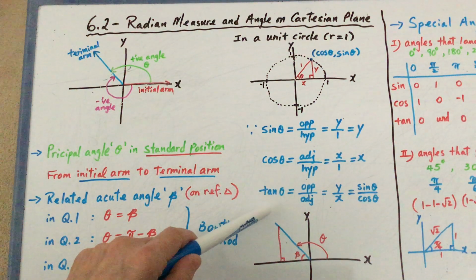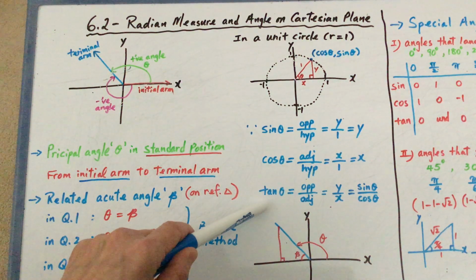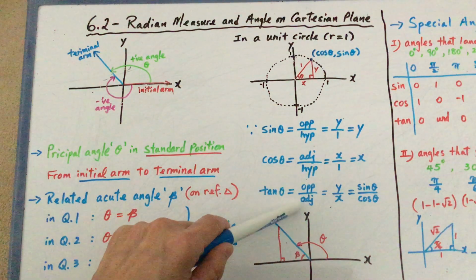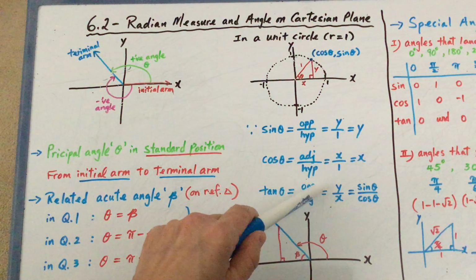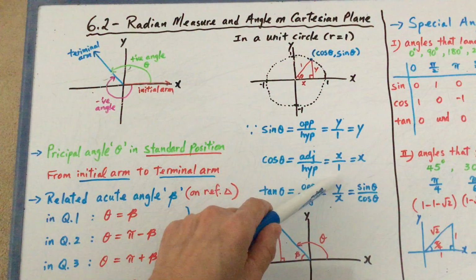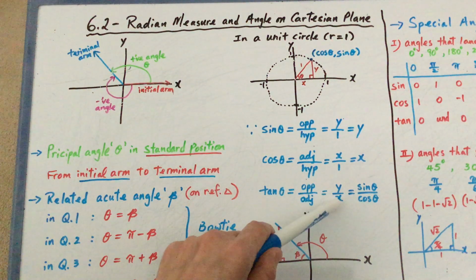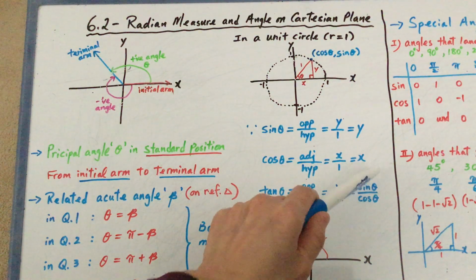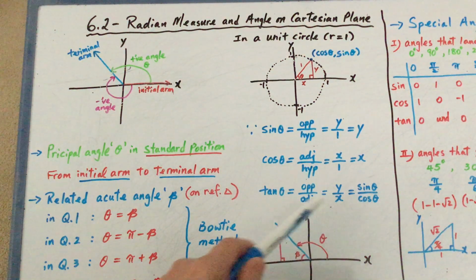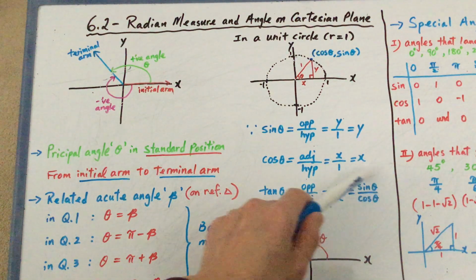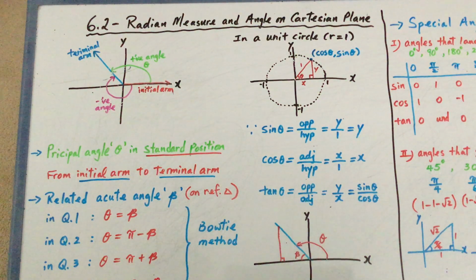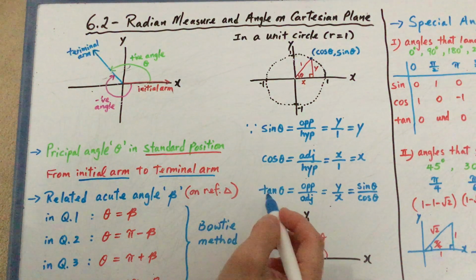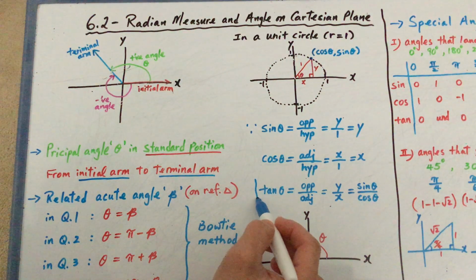And when it comes to the tangent of that angle, you will get the opposite over the adjacent. So opposite is the same as the y, and the adjacent is the same as the x. So you will end up with sine theta over cos theta. So that is a very important identity that we use, especially for trig identities.